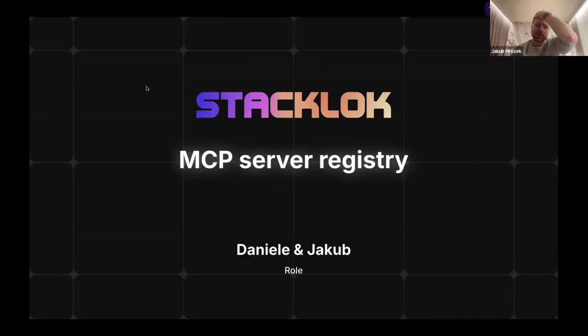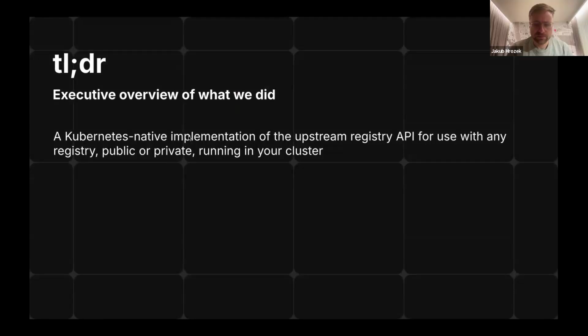Okay. So the work we wanted to show is an MCP server registry. I'm presenting, but Daniela should get most of the credit because it was his idea. He drove the spec of this feature and most of the implementation. So thank you. Yeah, so what is it on a very high level, what we did?